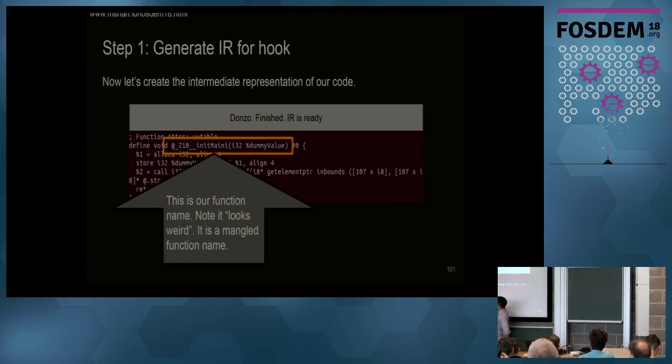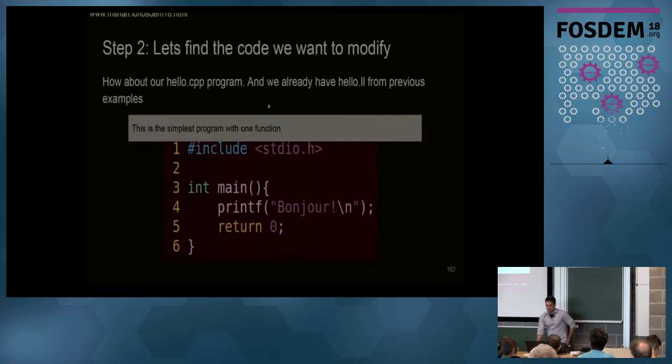The name is mangled. So if you've worked in compilers, that means it's going to look a little funky: z1 underscore underscore init main I there. You can unmangle it. I'm just working with the mangled name. Here's our code we want to modify, just a simple program as an example.